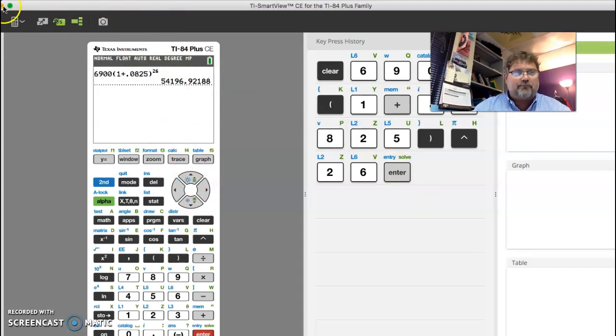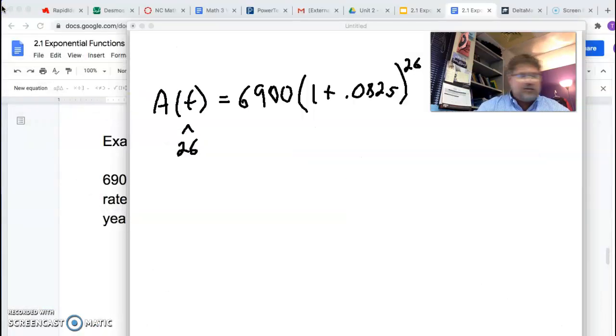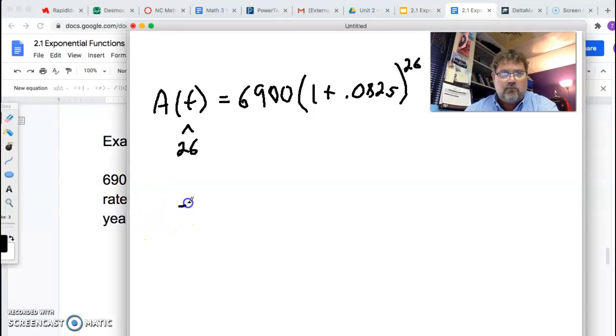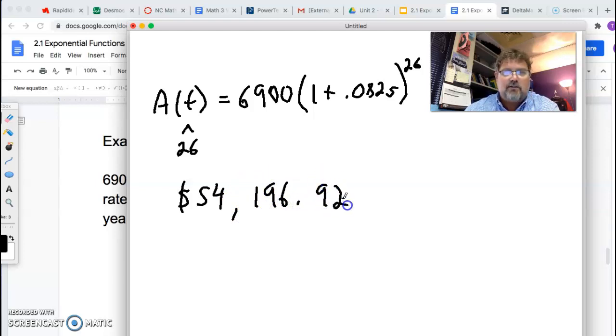All right, so that's our answer. It says round to the nearest cent. That would be 92 cents. Okay. So that's how you would handle this one.